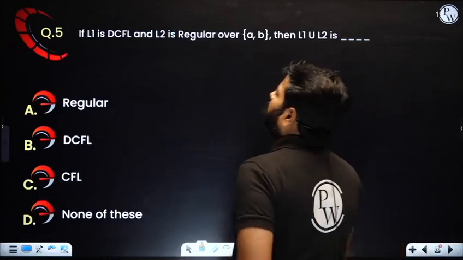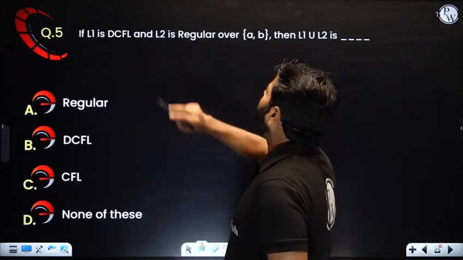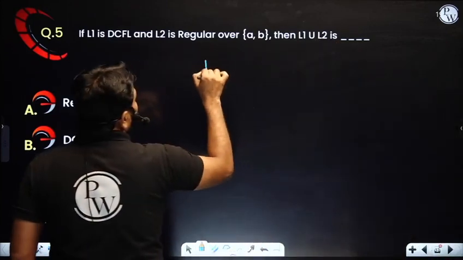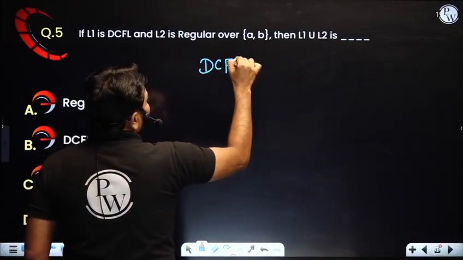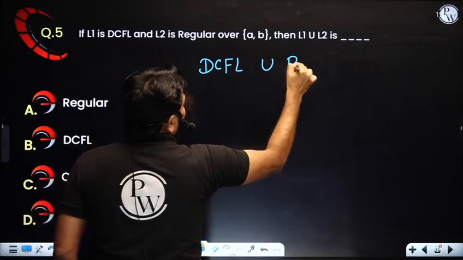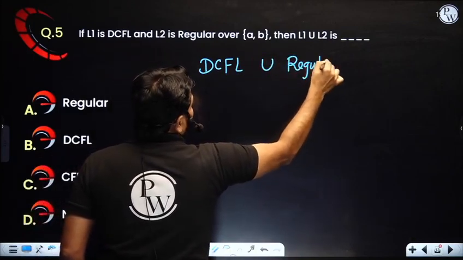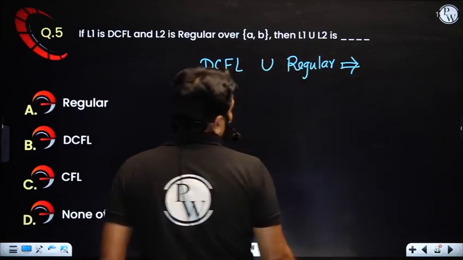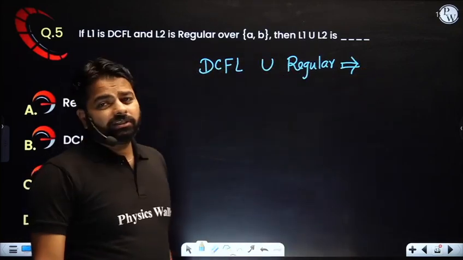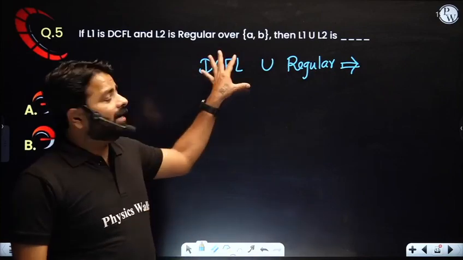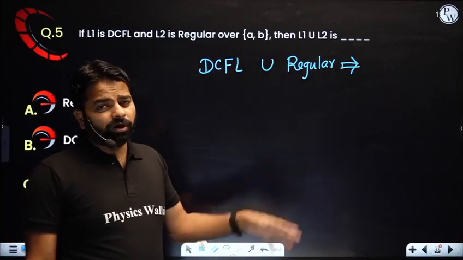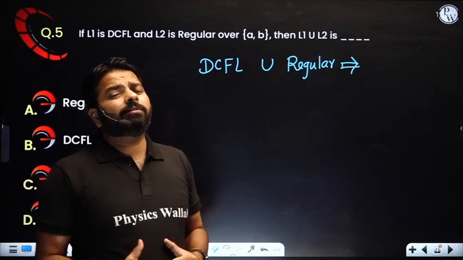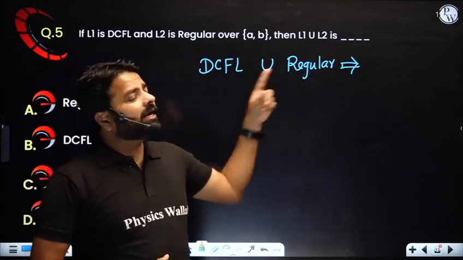Fifth one: if L1 is DCFL and L2 is regular, then what is this union? Very interesting question, and remember this concept. A DCFL has a deterministic pushdown automaton, and a regular language has a finite automaton. There is a composition algorithm for a DPDA and a finite automaton.